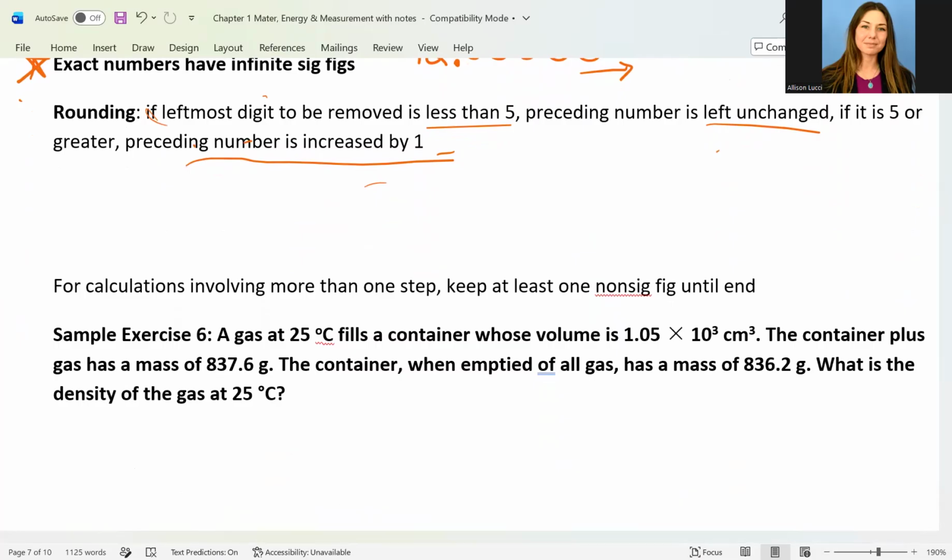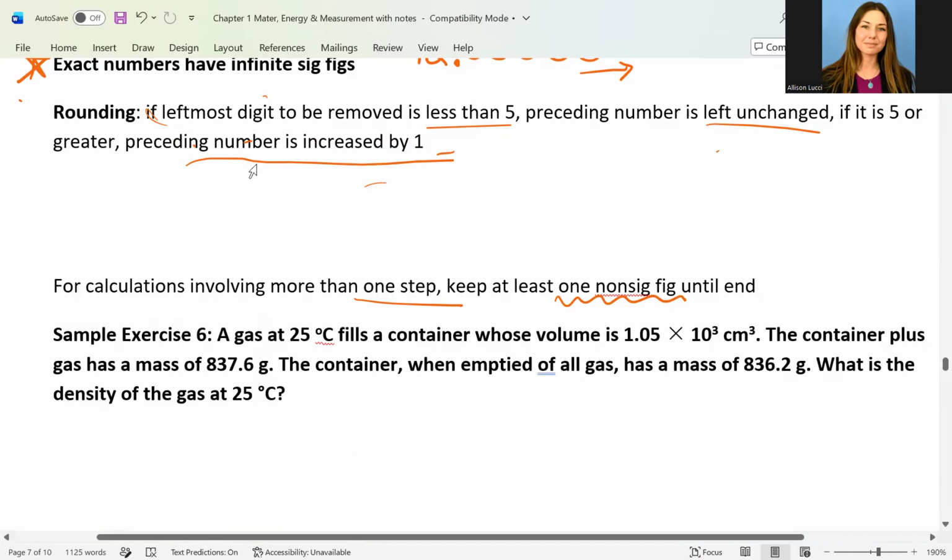When we have multiple steps, more than one step, we always keep at least one non-significant figure until the end, and then we round at the very end. I tend to keep all my digits in my calculator until I'm done, and then I round after my final step is performed. We'll continue with sample exercise 6 in the next video.